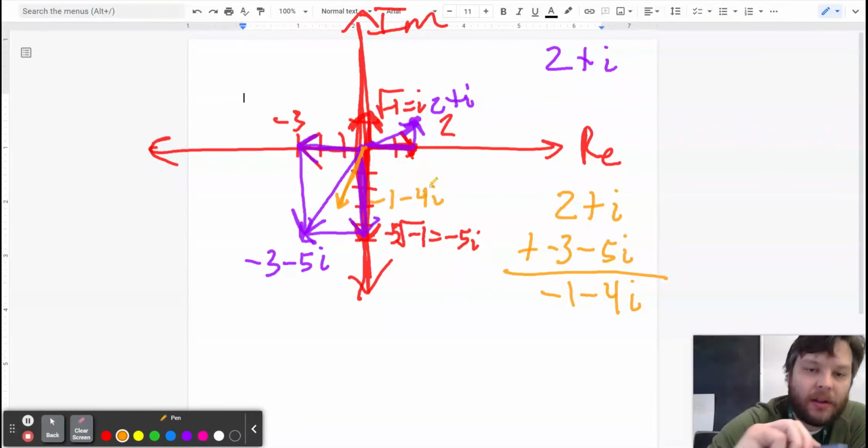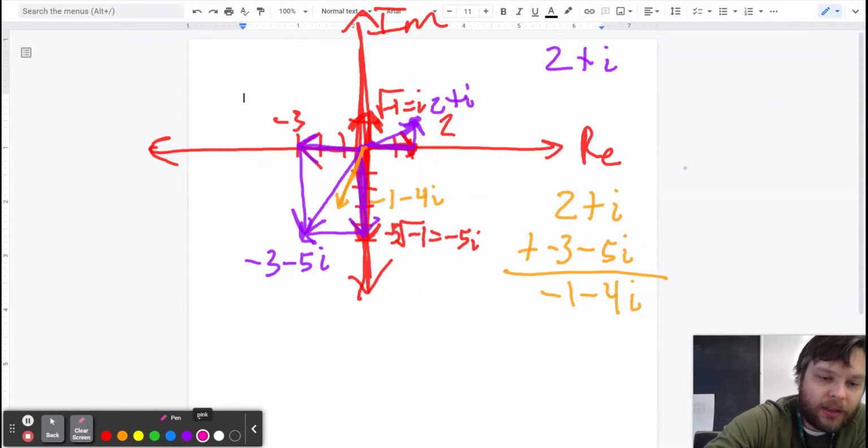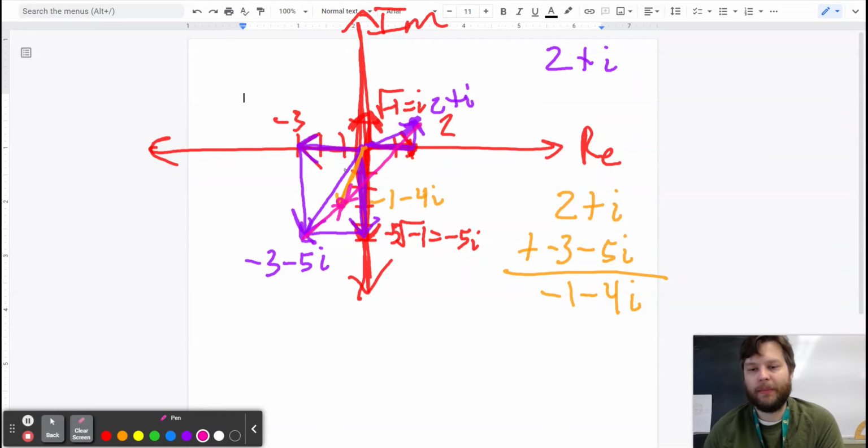And you can see how that can be achieved either by taking my -3 minus 5i arrow and connecting it like that, or by taking my 2 plus i arrow and connecting it right there. You end up at the same place. So adding and subtracting complex numbers is just taking arrows and sticking them tip to tail.